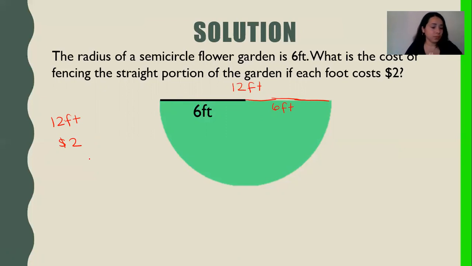$14. So if each foot is $2, that means 1 foot would be $2. If I add another foot, my second foot would cost $2. And I keep doing that 12 times. What would it cost?